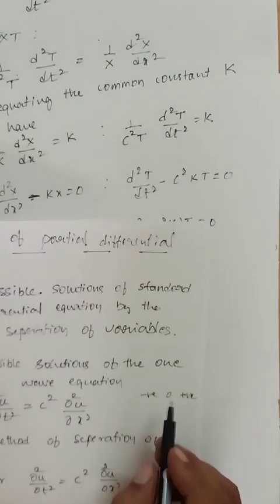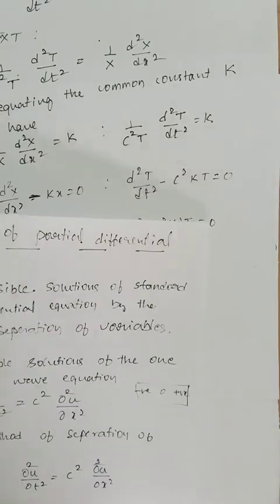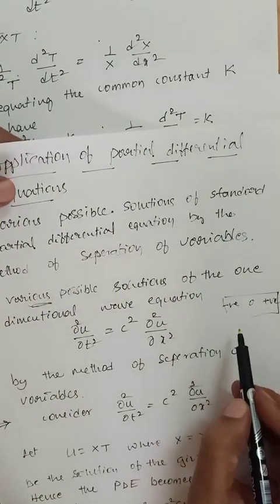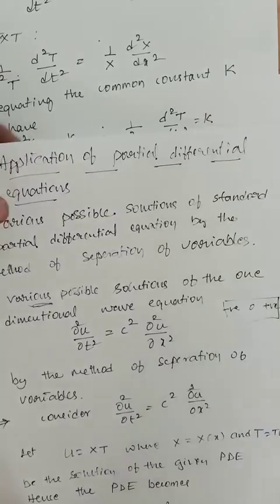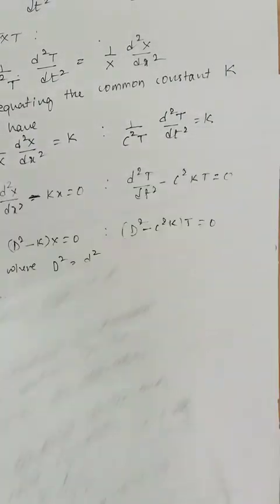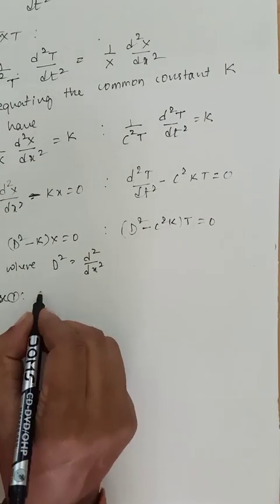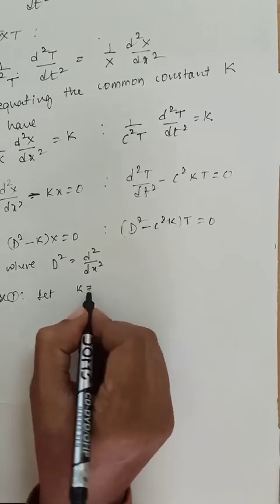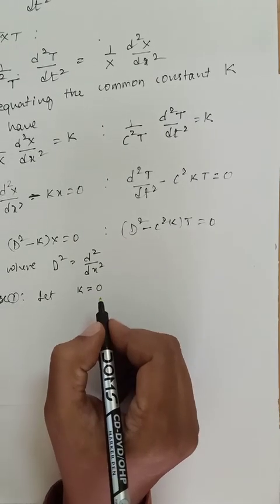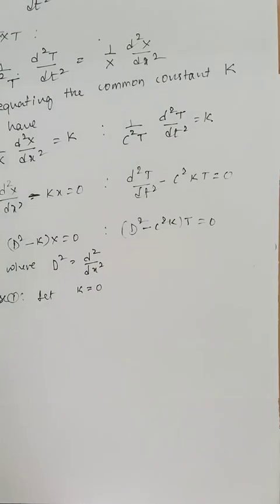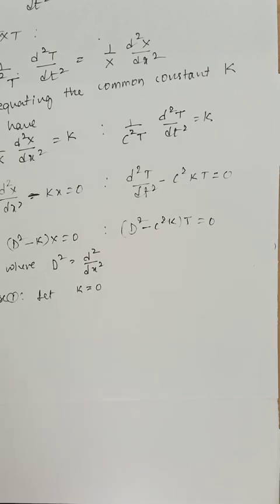So various possible solutions means 0, negative, positive. Case 1, let k equal to 0. Next we consider case 2, k is positive, and case 3, k is negative.